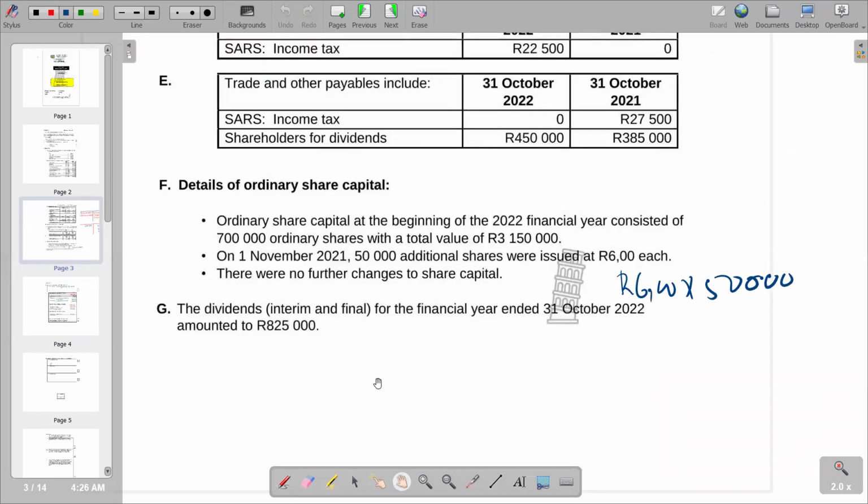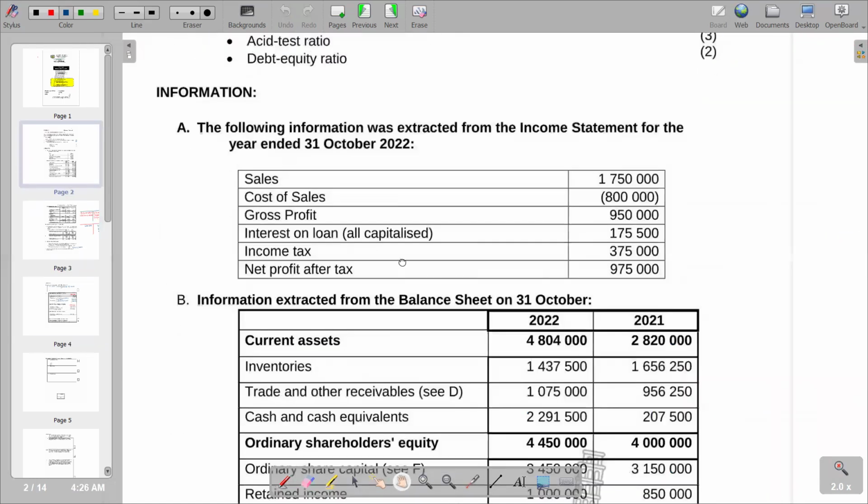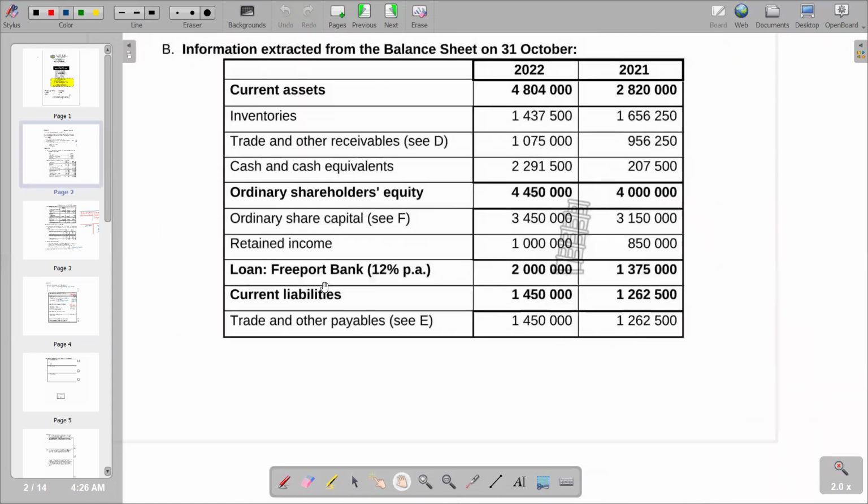Then you look at the change in loan. If you go there, you see that our loan, according to the information given, was 1,375,000 in 2021, and then it increased to 2 million. This was an increase, which means it's an inflow.